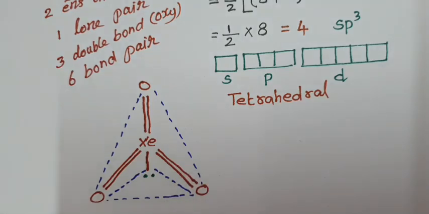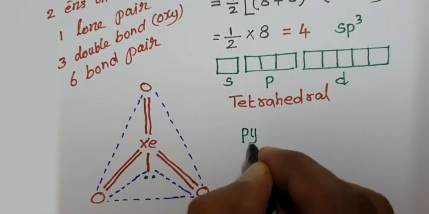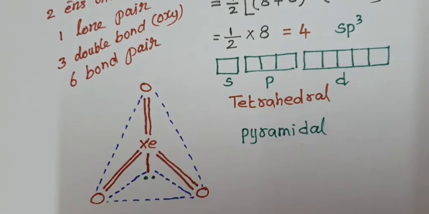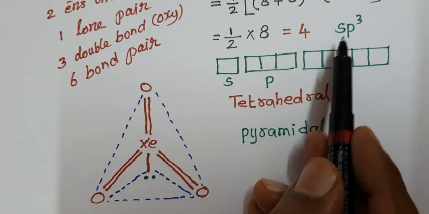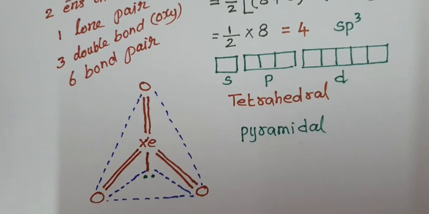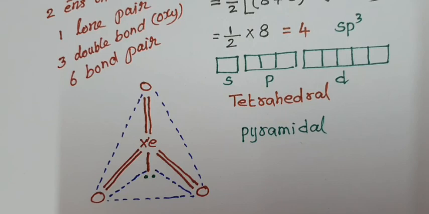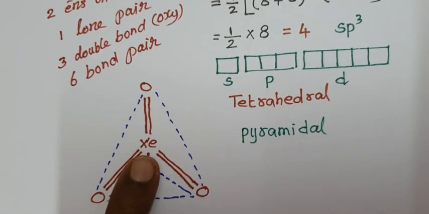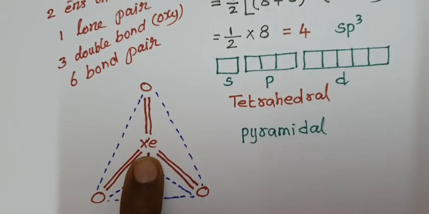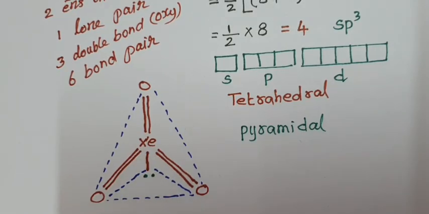So the geometry of xenon trioxide is pyramidal. sp3 is the hybridization, and with the lone pair, no doubt it is tetrahedral in nature. One lone pair occupies one position. When you screen the lone pair of electrons, now you can see only the pyramidal shape. So this is the structure of xenon trioxide.